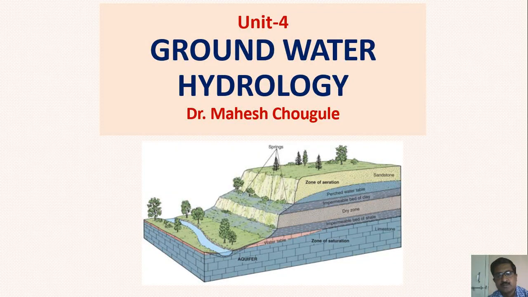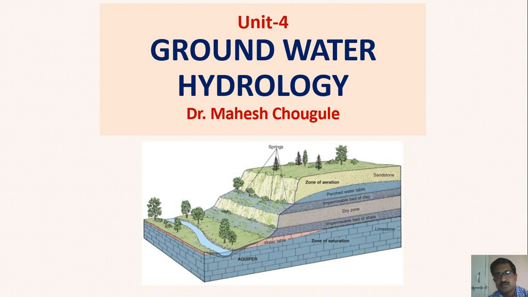Before that, it is also necessary to know the various terminologies associated with groundwater hydrology: how the groundwater gets stored below the earth surface, and how it gets stored in various locations.